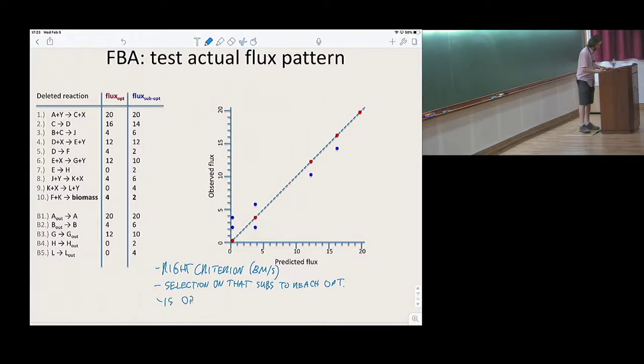And is the optimum even possible? And this could be either constraints, like you were saying, in terms of cost, or just the kinetic parameters, that there doesn't even exist a set of kinetic parameters that could make the system behave that way.